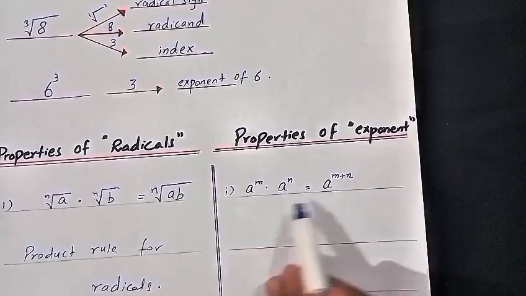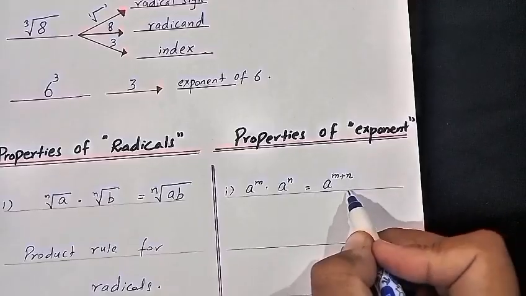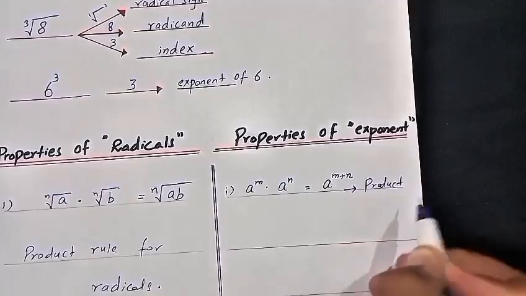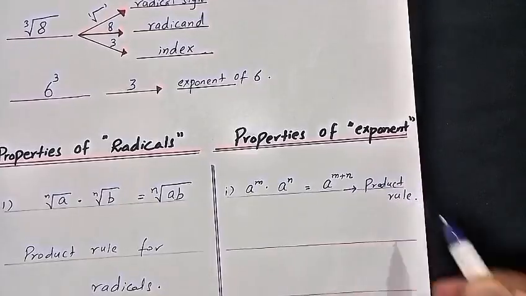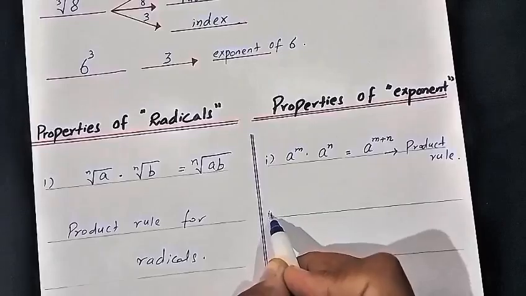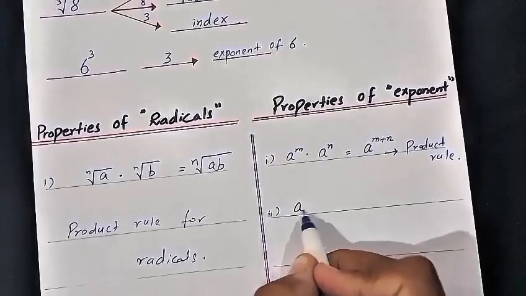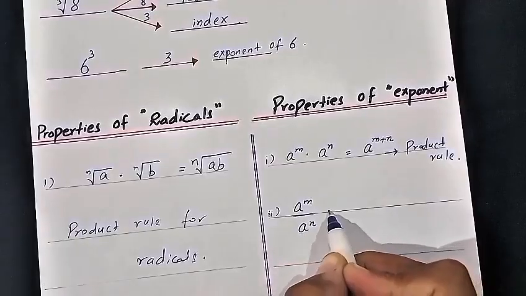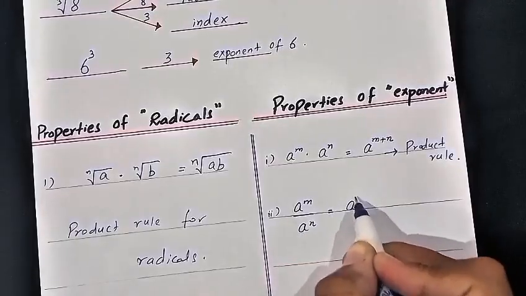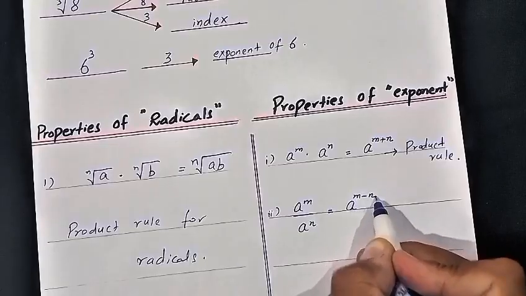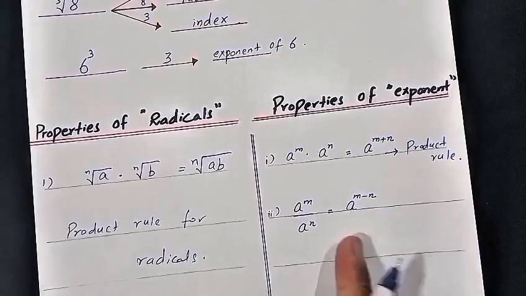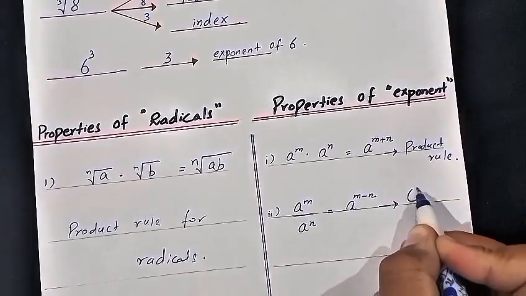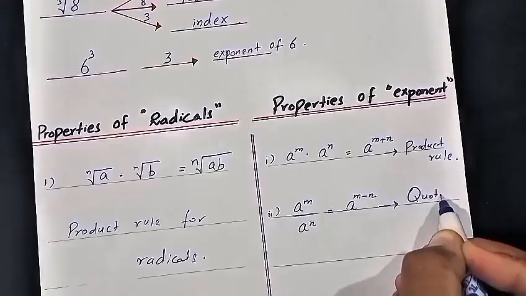This is called the product rule for exponential expressions. Similarly, if a^m is divided by a^n, that equals a^(m-n), and this is the quotient rule.